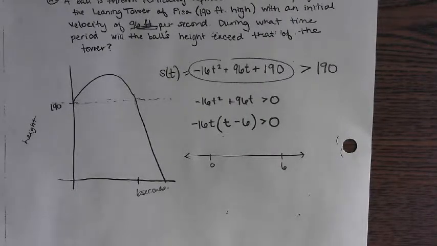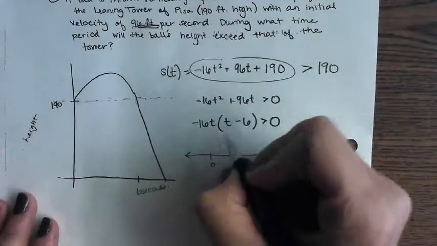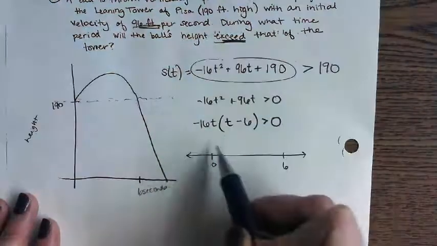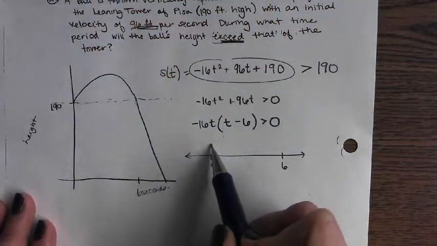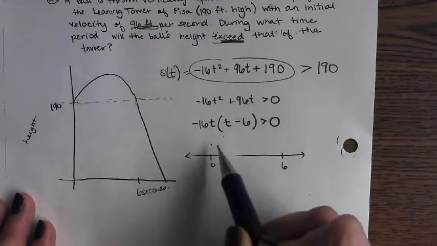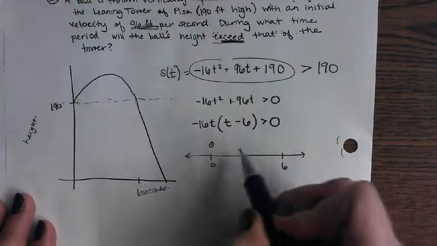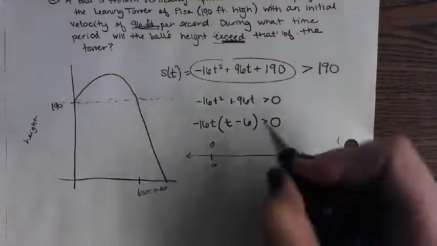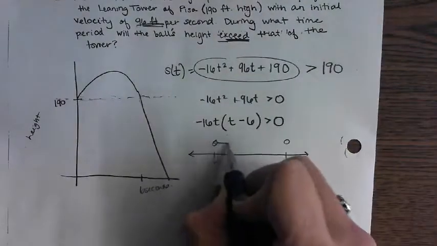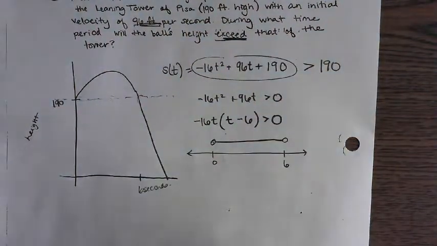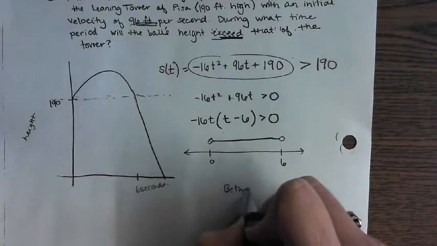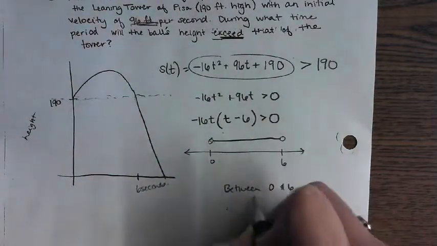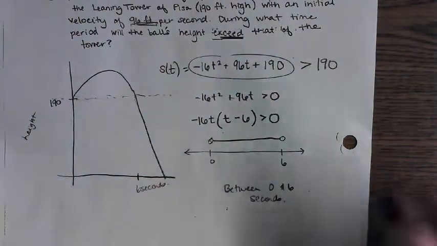So for the first 6 seconds, and we have the visual in front of us, so we really don't need to do a number line test. It says exceed. So do we want an open circle or a closed circle here? Open, because it's not technically greater than 0 there. It's technically not exceeding 190 if it's at 190. Same thing at the 6 second mark. So during what time period? Between 0 and 6 seconds.